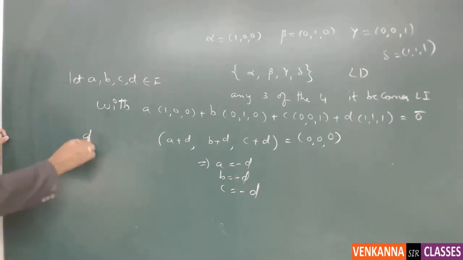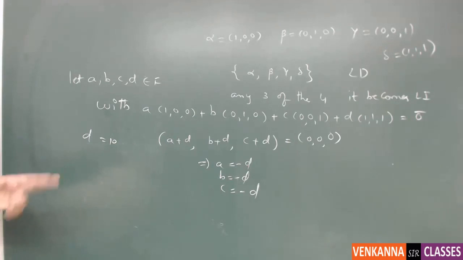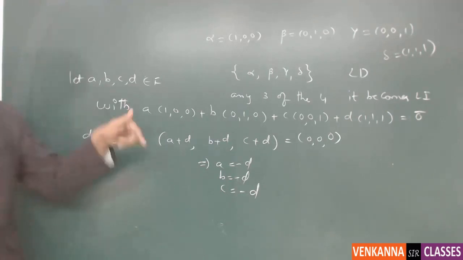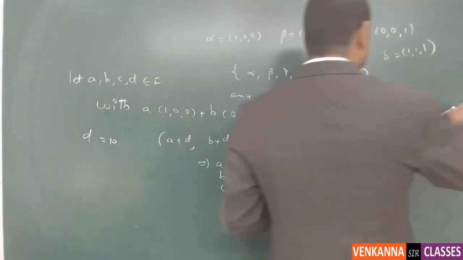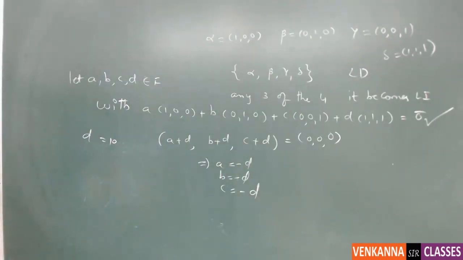If I take D equal to 1, what are the values of A, B, C? Minus 1, minus 1, minus 1. If I say D is equal to 10, what are the values of A, B, C? Minus 10, minus 10, minus 10. So I can find non-zero numbers A, B, C, D such that the combination is 0. Therefore, the given 4 vectors are LD.